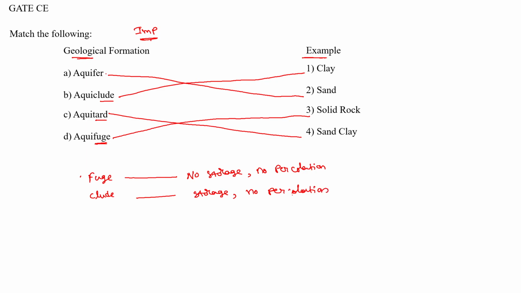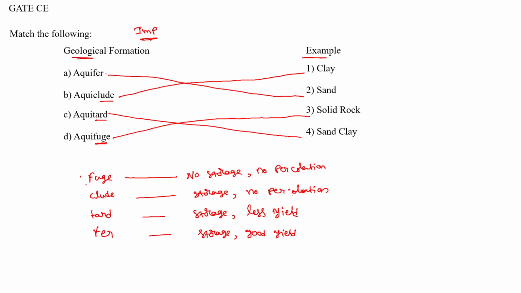Sorry for my bad handwriting. And next is tard, storage, less yield. For aquifer, storage, good yield. Maybe in this way may help. I did not think of any shortcut before. Maybe in this way you can remember.